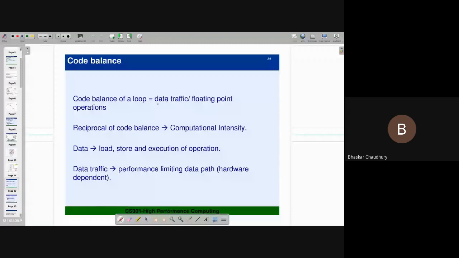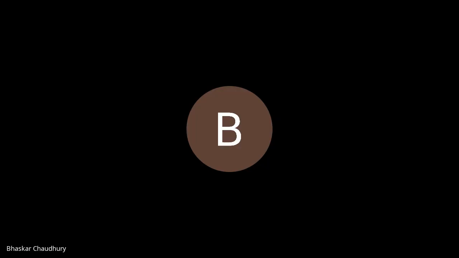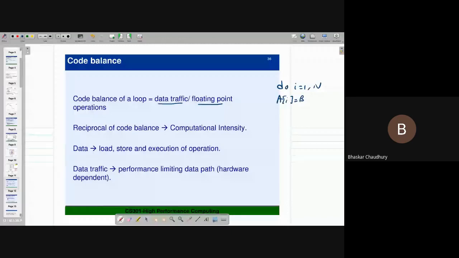Let me write a loop here. Do i equals 1 to n, a(i) equals b(i) plus c(i), and then end do. Now if I ask you what is the code balance of this loop?